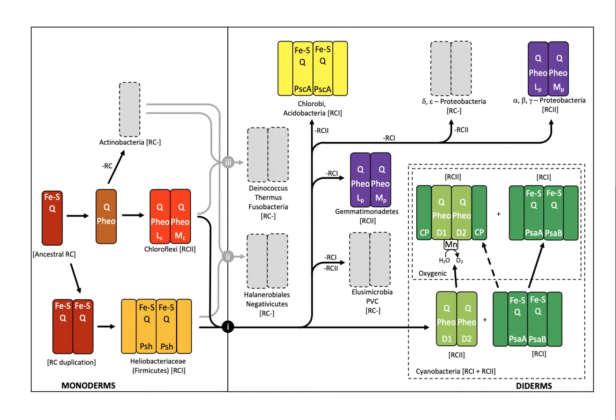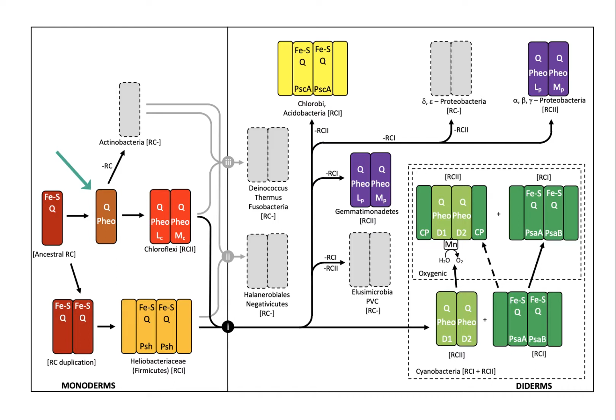This diagram is one that I produced to follow the photosynthetic apparatuses around in these different clades of that phylogram. So you start with an ancestral reaction center on the left, which is based on an iron-sulfur center. That then gets duplicated and then elaborated a little more to become the Heliobacteriaceae in the Firmicutes, and that has reaction center 1.